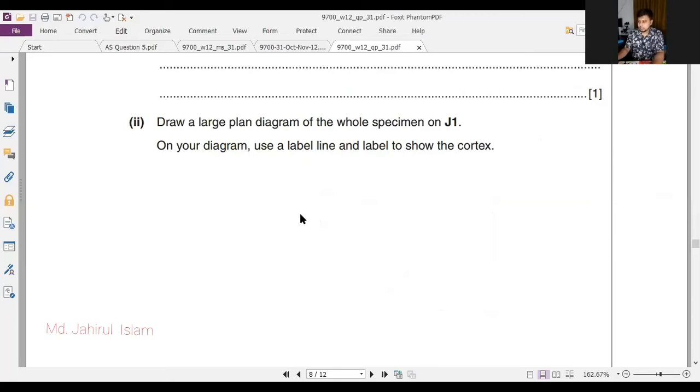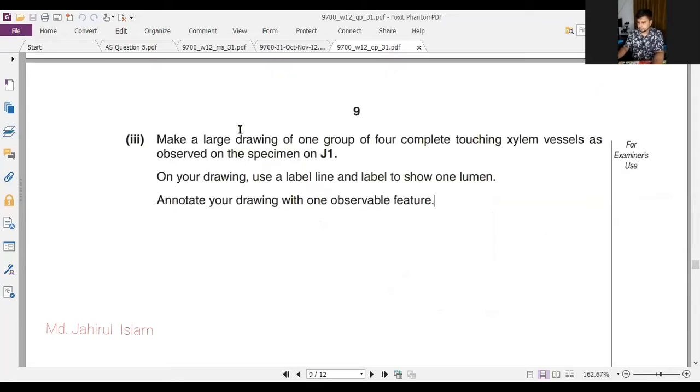So this is the question paper. For the second drawing part of this question, that is A3, I'm also reading. This time you need to make a drawing of one group of 4 complete touching xylem vessels as observed on the specimen J1.